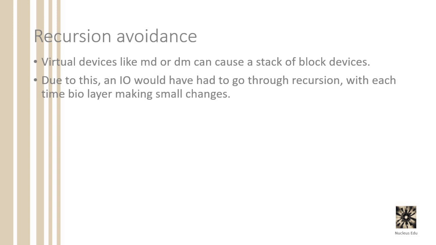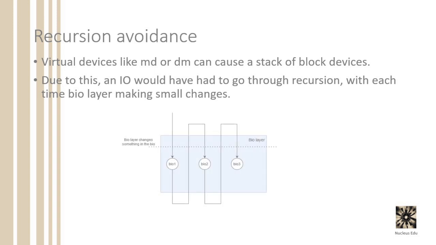For different block devices stacked over each other, the bio would move through the bio layer of the first device, then move to the bio layer of the second device, while in each of those stacked bio layers there will be small incremental changes to the bio, and this is how it would look.